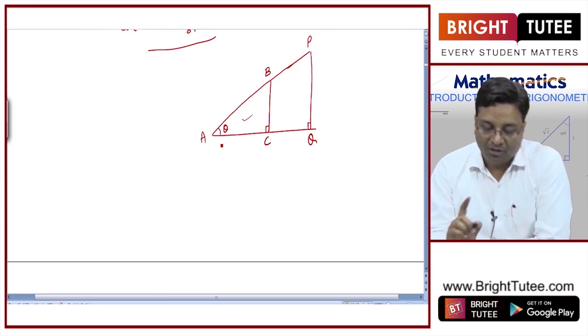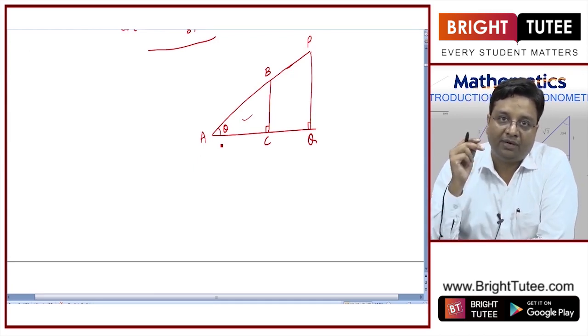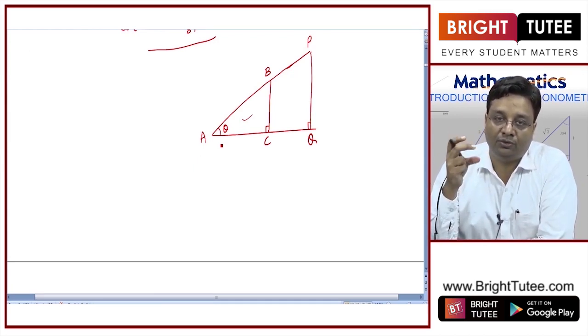So students, you need to keep this in mind that these are the ratios of two sides, right? These are not absolute values.